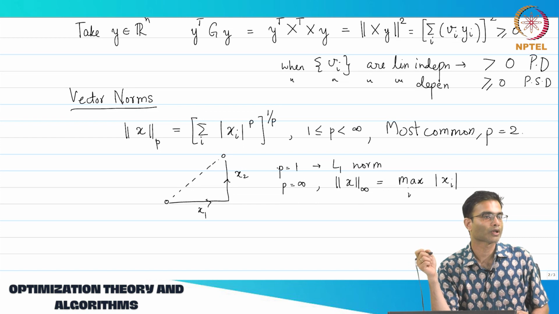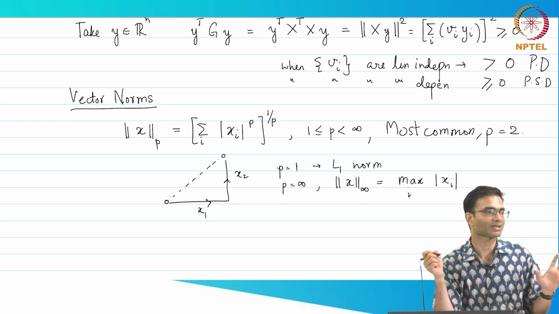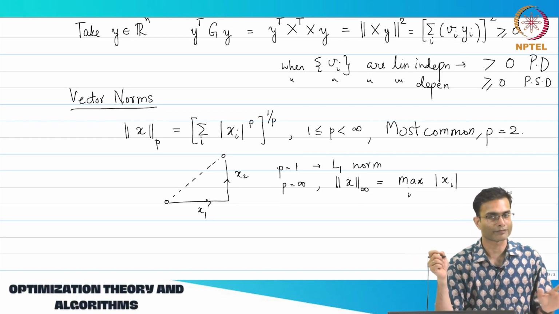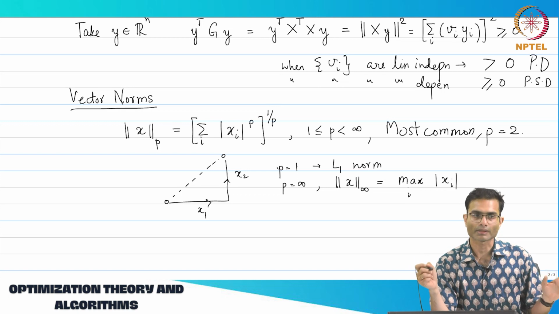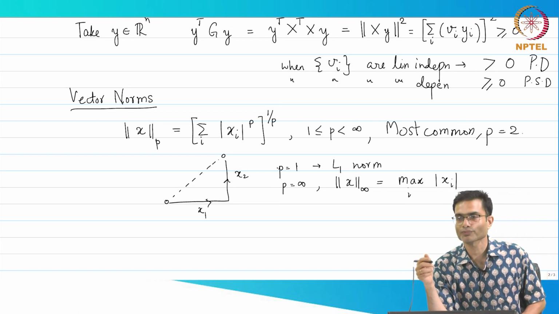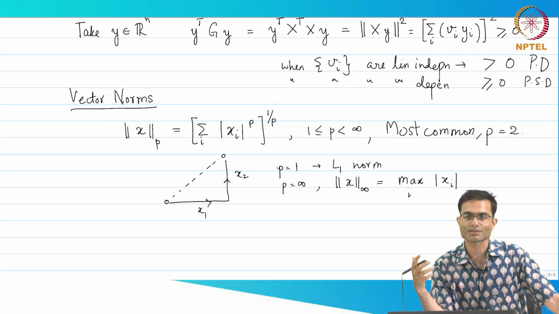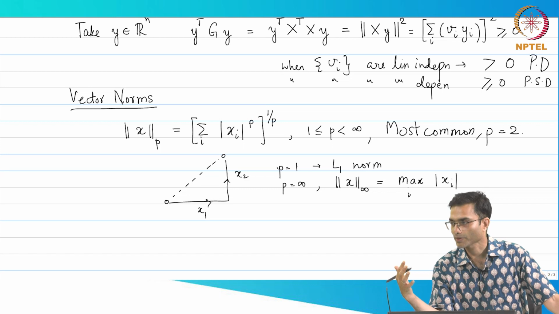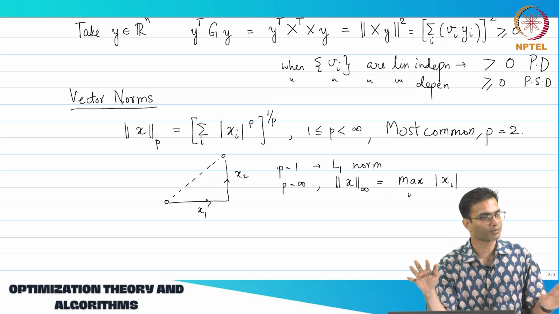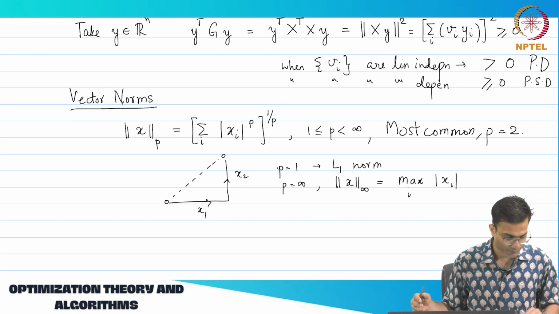Towards the end, when we go to constraint optimization, we will briefly use p equal to 1. And sometimes in certain proofs you might see the infinity norm. Nothing else other than that. Now the choice of norm is often determined by what makes my math easier. Many times the choice of norm is dictated by what is going to simplify the derivation, right? So p equal to 2 is most convenient.